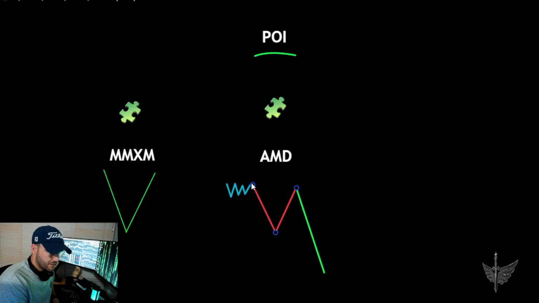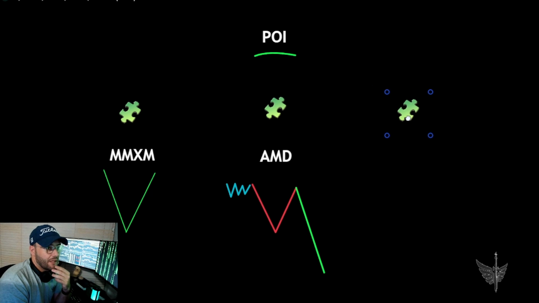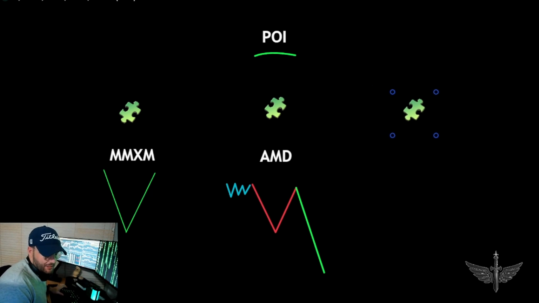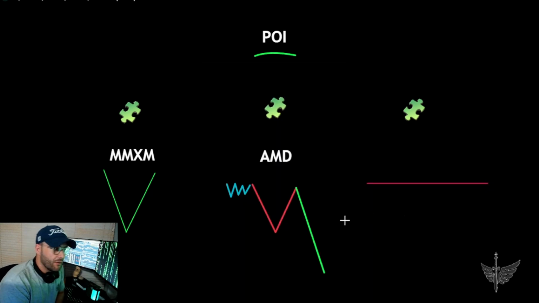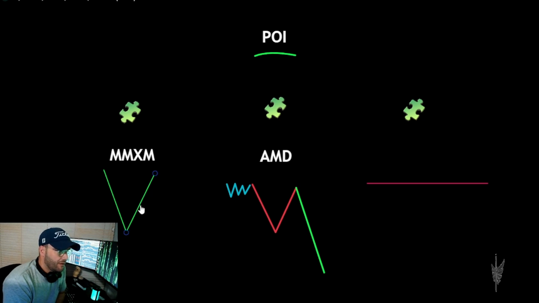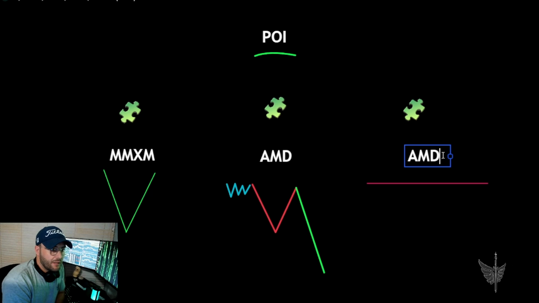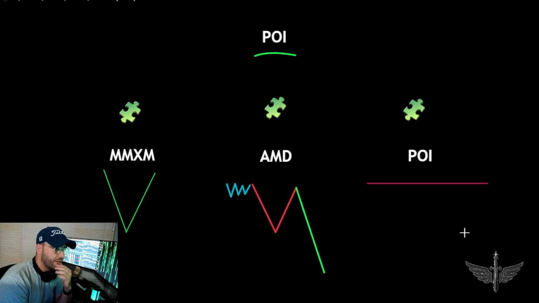Price accumulates, manipulates, comes back, and then distributes. And then the last piece of this puzzle, how this gets connected. Pink. I just need to add that POI. How these three fit together, we first need to identify our POIs.